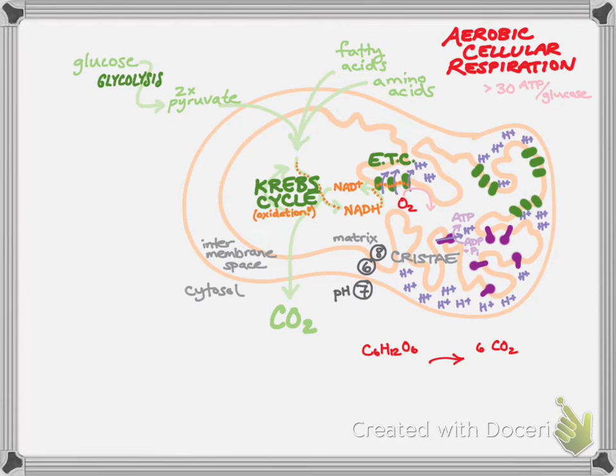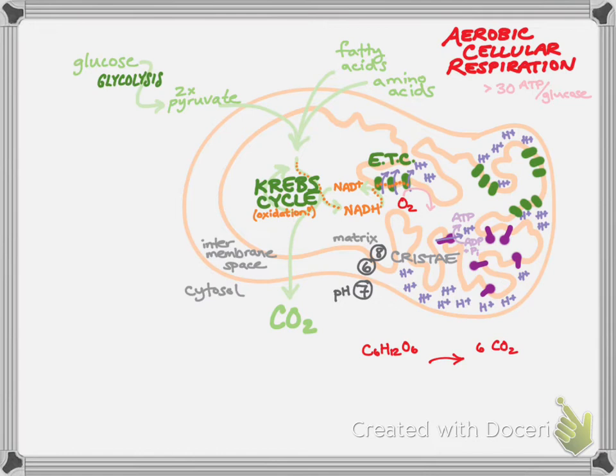Every time it accepts and drops off the electrons to other carriers, it pumps protons. But the electrons have to go somewhere for the movement to continue. And our end electron acceptor, our true oxidizer in all of this is oxygen. All right, it's going to be the final electron acceptor here.